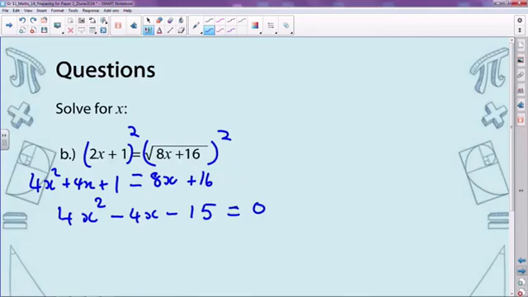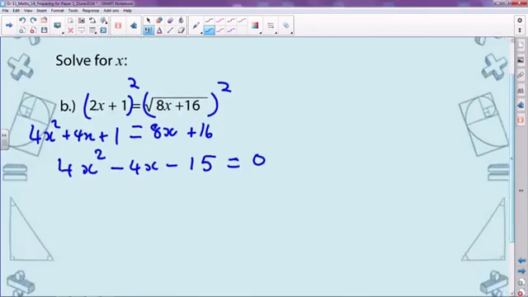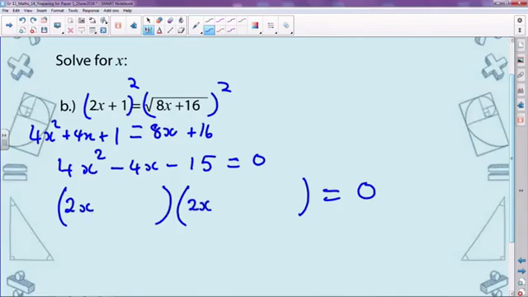Let's now see if it does factorize. Let's check. Equals 0. Then you've got your 2x, and then your 2x, and then 5 and 3, that's 10, and then a 6, so this should be a minus, and that is a plus.